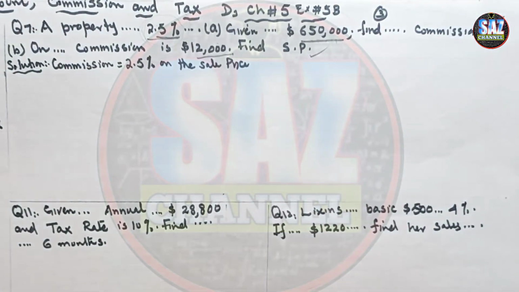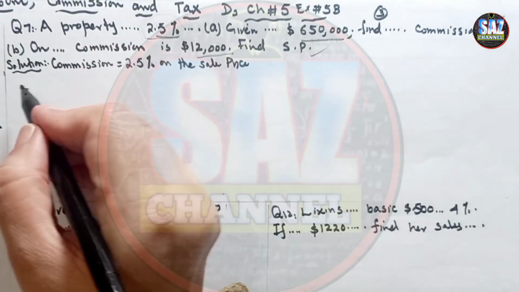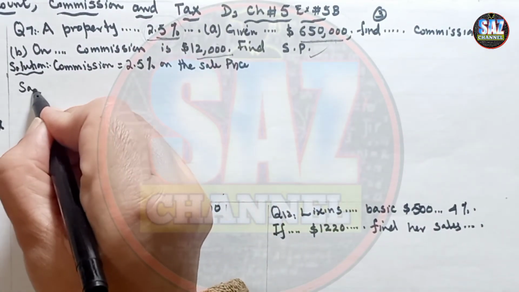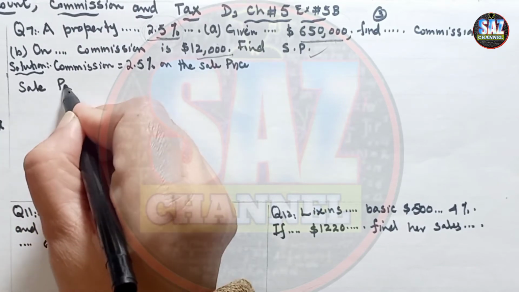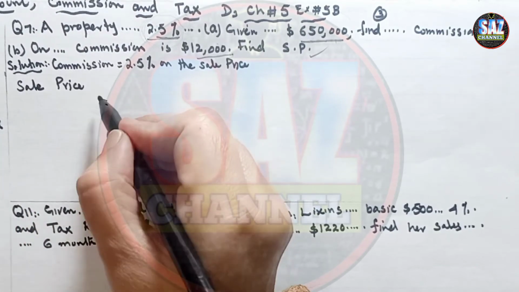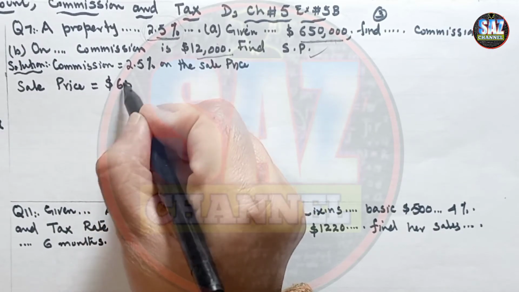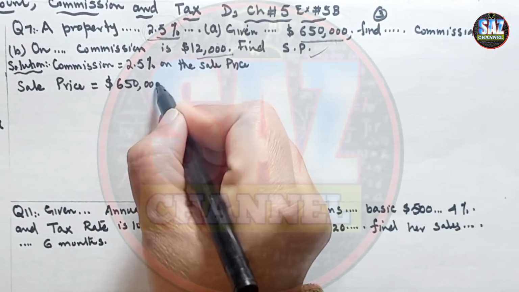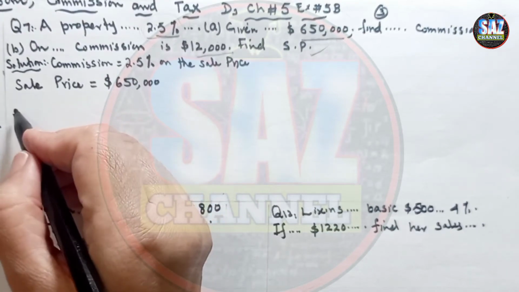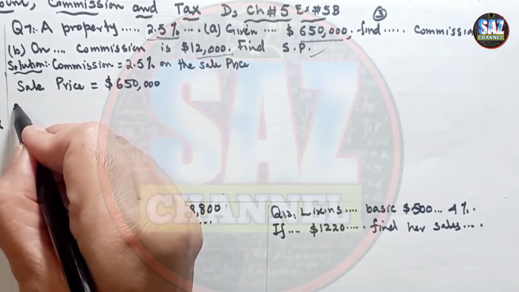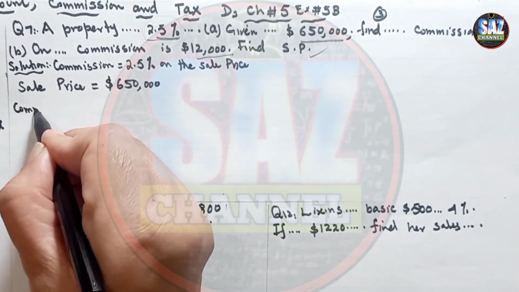And in the first part, the selling price of the house, which is given in the question, is 650,000.